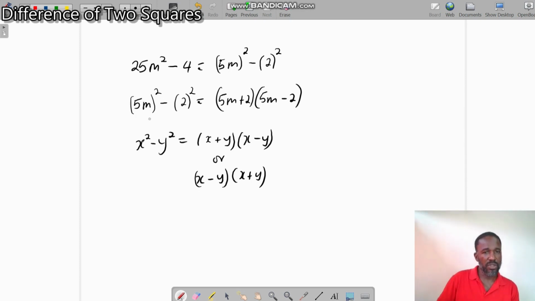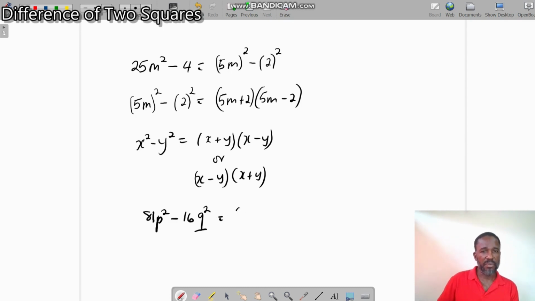Again, before we go, let us give you one more example. So if I have 81p squared minus 16q squared, then again, that can be written in the form of a difference of two squares.